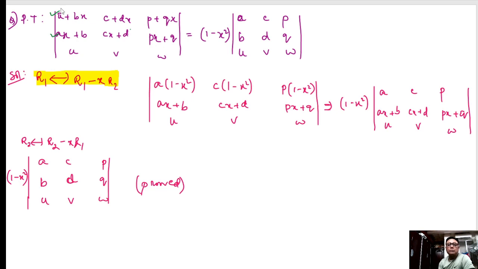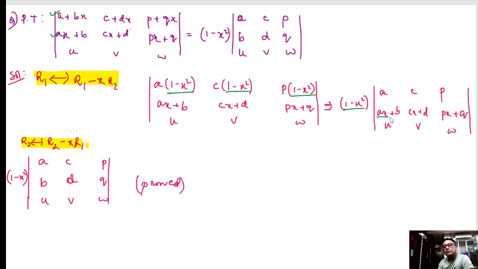And now you can see that 1 minus x square is common, so it comes out. And now we are performing this operation: R2 minus x of R1 and putting it in R2.